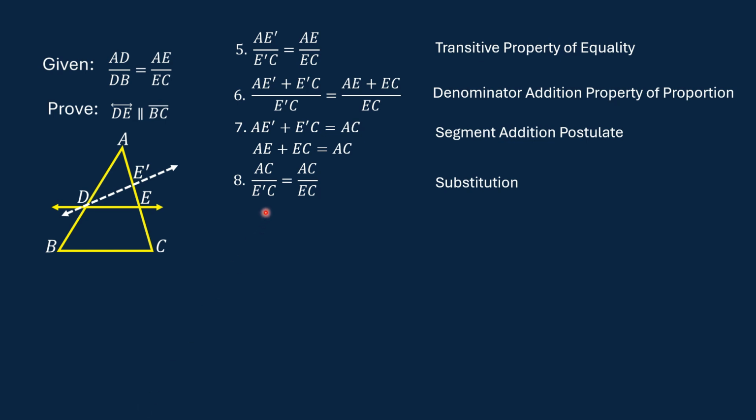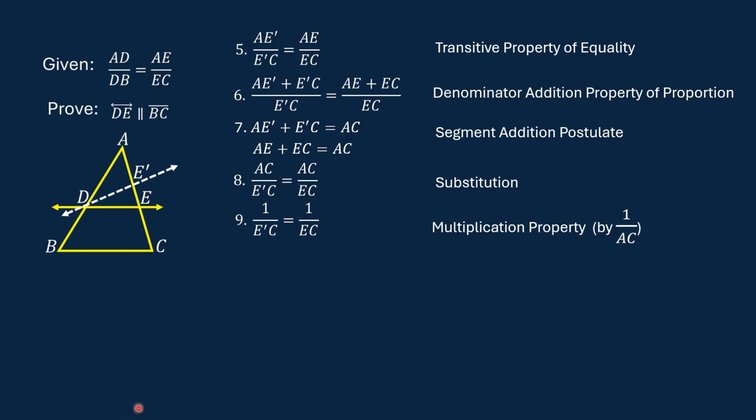If we multiply both sides of the equation in step number 8 by 1 over AC, we get 1 over E prime C is equal to 1 over EC. By multiplication property, we multiplied the left side and the right side of the equation in step 8 by 1 over AC. And we got this equation in step number 9.